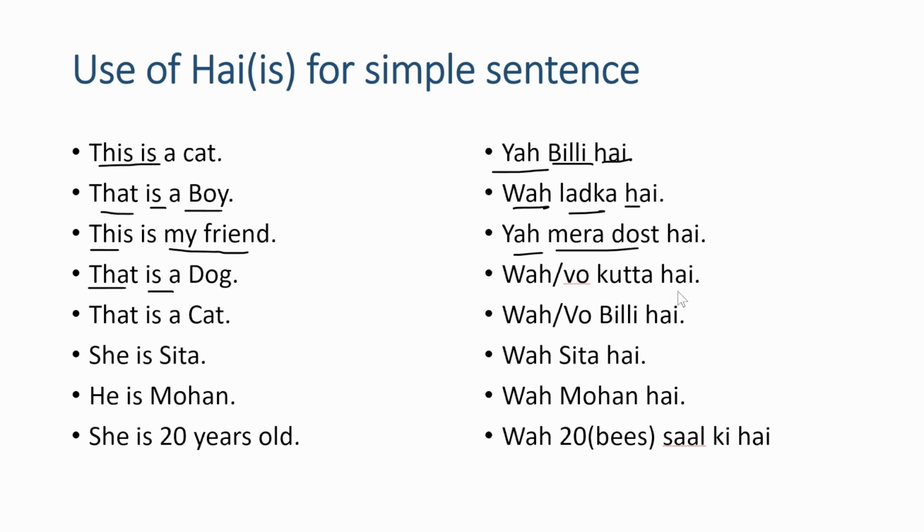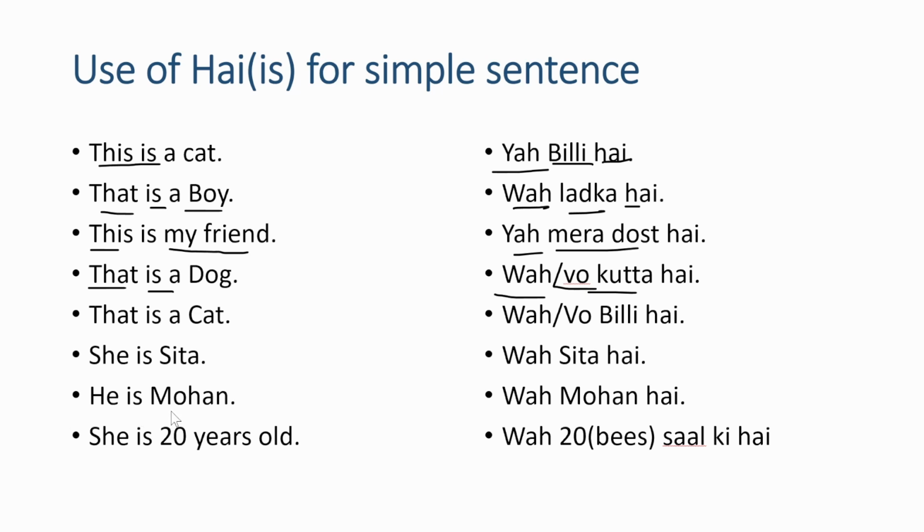If you want to say that is a dog, vah kutta hai. The meaning of dog is kutta. Here I have also written wo. In writing we write vah, but in conversation, when we speak fluently, we sometimes use wo. So instead of वह, we also use वो. वो कुत्ता है, that is a dog. वो बिल्ली है, that is a cat. She is सीता, वह सीता है.